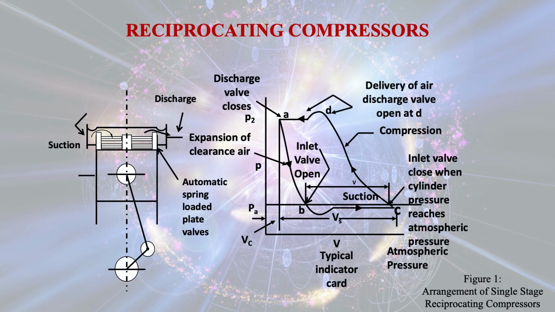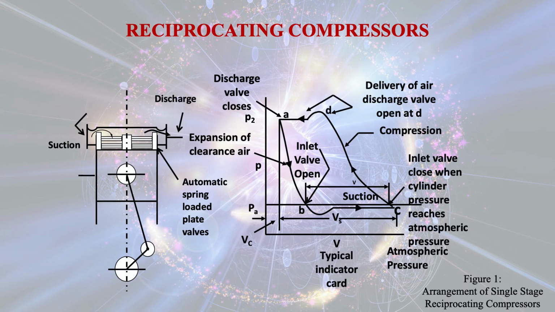If it moves further in the downward direction, then definitely the volume will increase and the pressure will be below the atmospheric pressure, and the inlet valve will open and the air will enter inside the cylinder. The suction process will continue from the point B to the point C. At the end of the suction process, that is point C, again the compression will start as we have discussed.